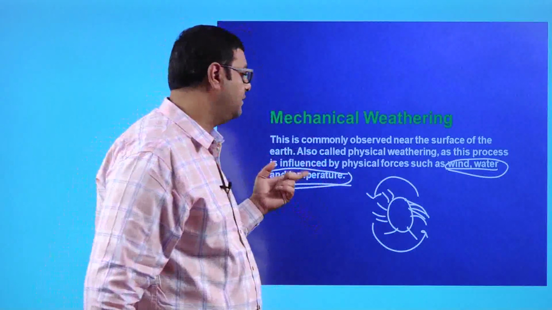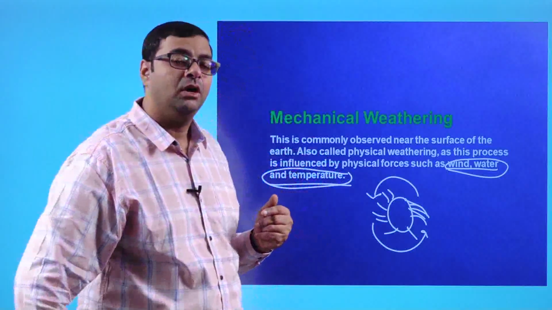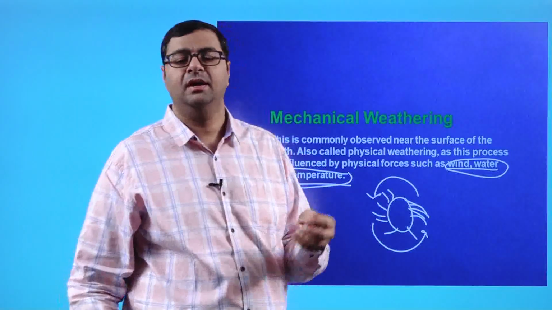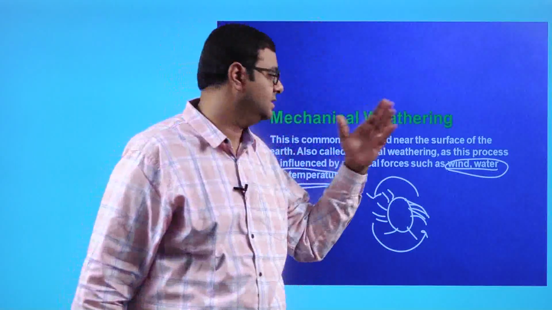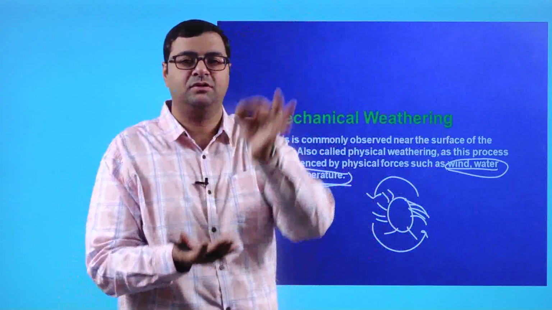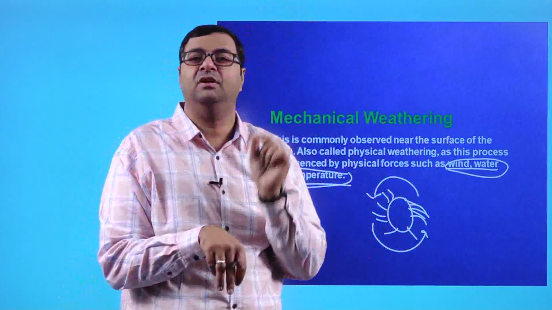Then you have the temperature. During hot summer seasons or any other season, even if rain is falling, there is water there and the rock is getting weathered because of the force of the raindrops constantly falling on the rock.